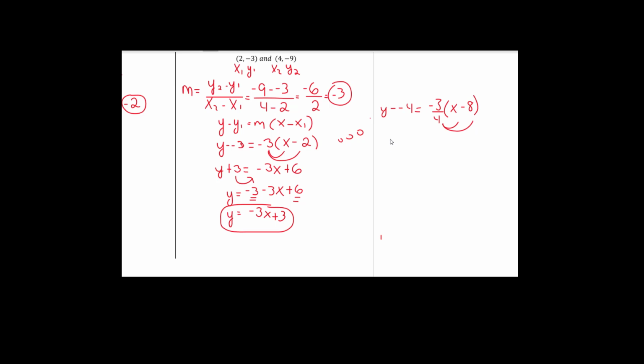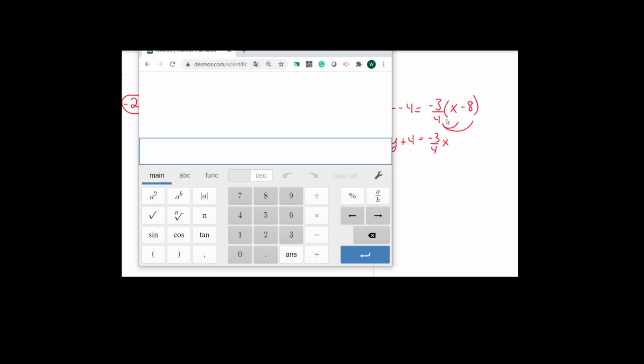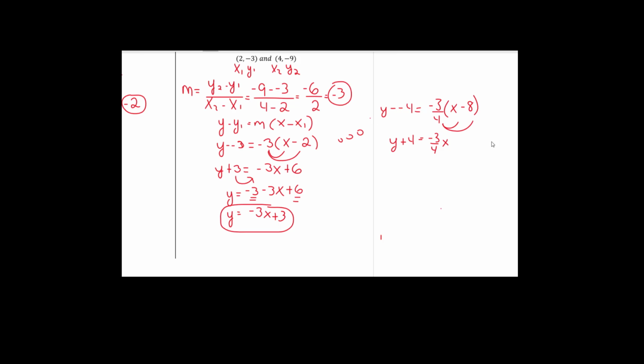So this would be y plus 4, this would be negative 3/4 x. And when you multiply on the calculator, pull out the calculator here, I'm going to multiply negative 3 divided by 4, then you put the arrow to the right, then times negative 8. You get positive 6.